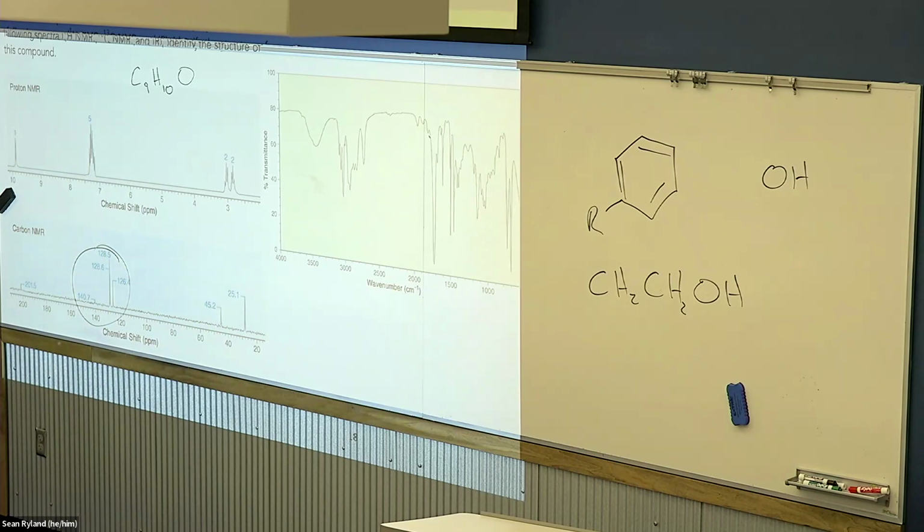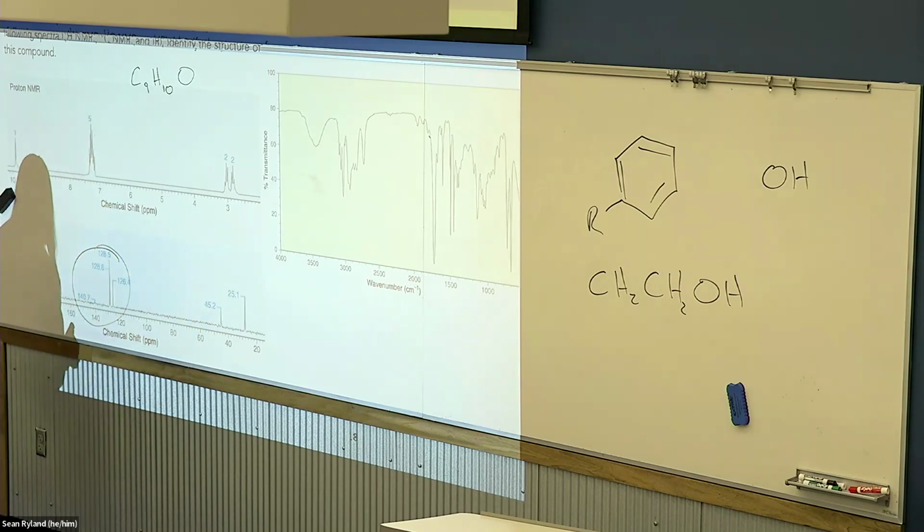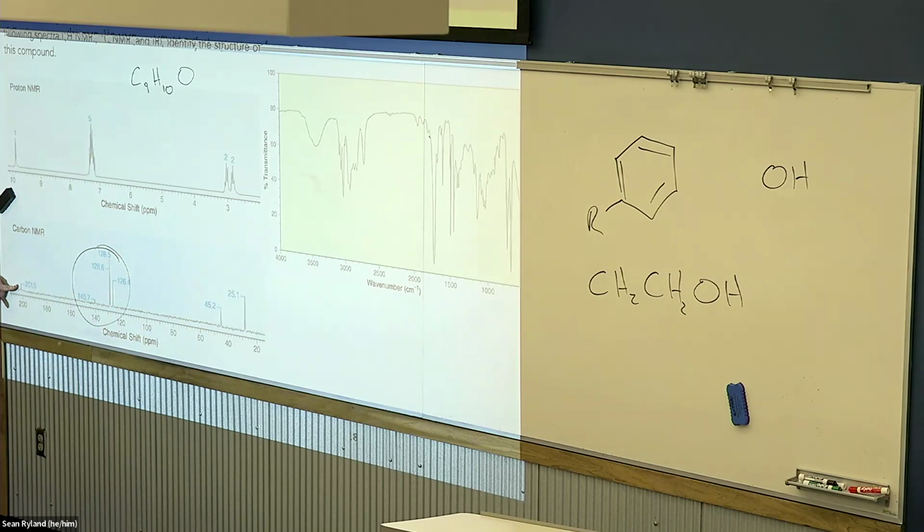Carbon attached to the alcohol should be like 50 to 70. So maybe this one, because I'm thinking the one above at 201 is just saying aldehyde and ketone. So let's look at our number of hydrogens to see if that makes sense.